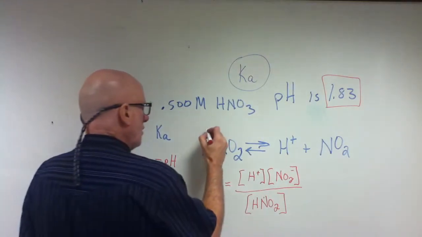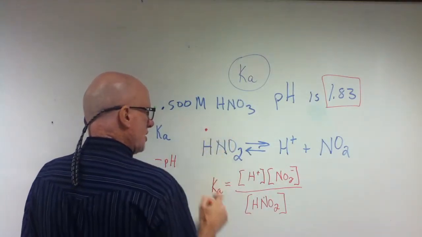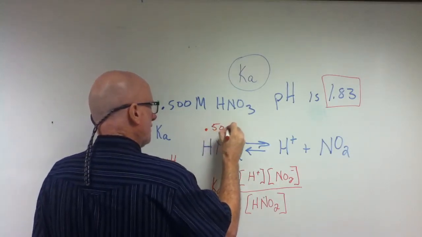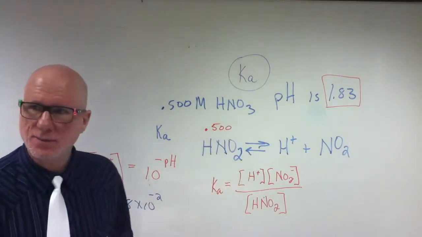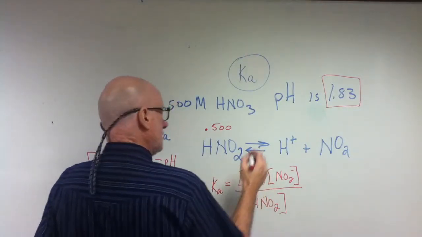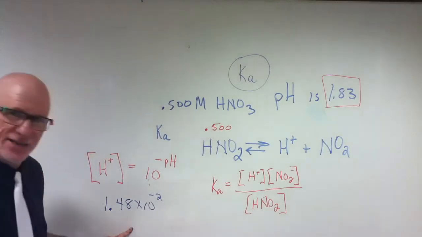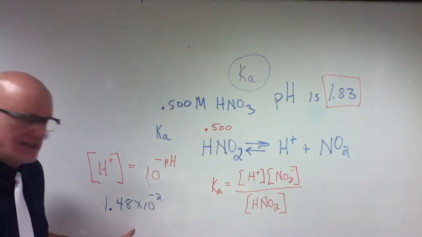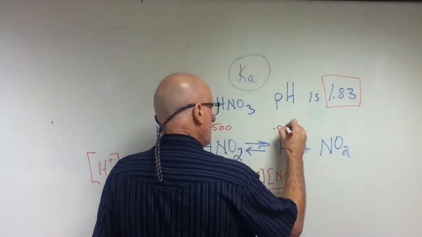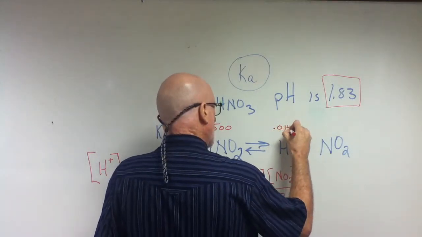All right, so I know that this is going to be 0.5, correct? And let's take this out of scientific notation so it makes a little more sense. So it's going to be 0.0148.